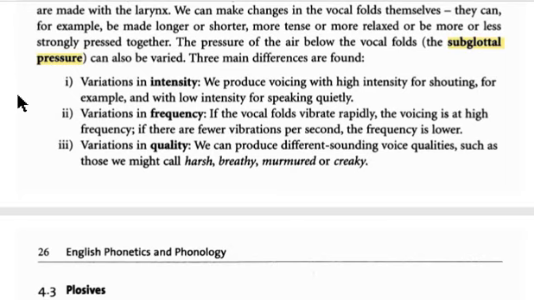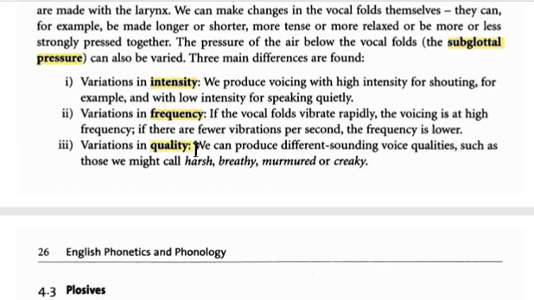We can control how the air comes through the vocal cords. We can control the intensity: when you are shouting you use high intensity, and when you are speaking quietly you use low intensity. Frequency can also be controlled: women have a high frequency and men a low frequency.